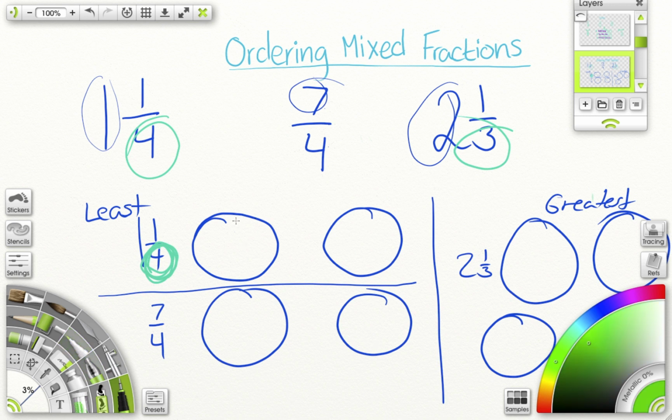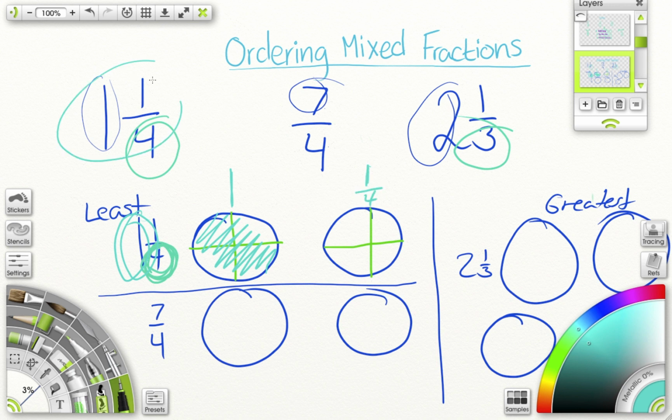So I gotta split both pizzas into 4 equal slices. My first pizza, this is a whole pizza, so I color in the entire thing. Okay, so that's my whole number. Now this is gonna be my 1/4, because if I put these together, it creates that 1 1/4. So now I just color in 1/4 of this pizza.